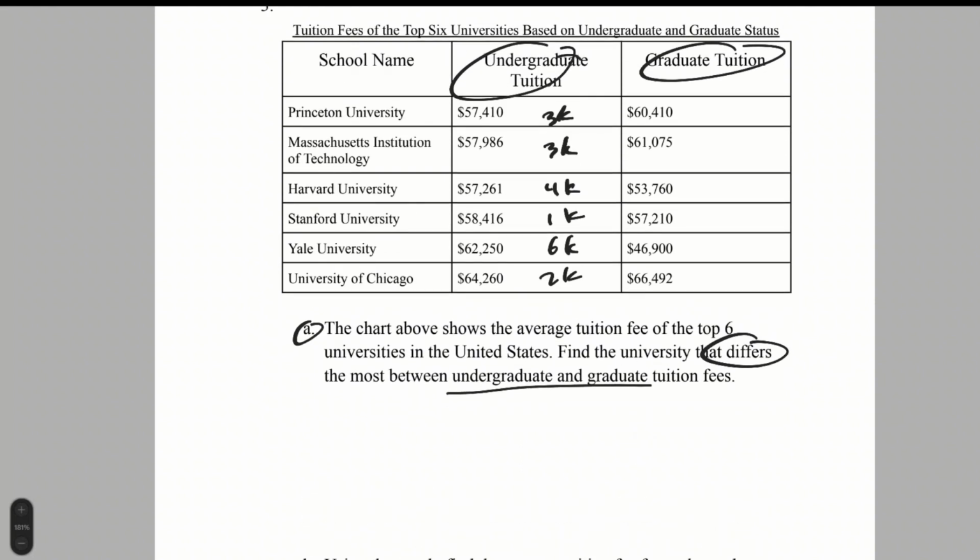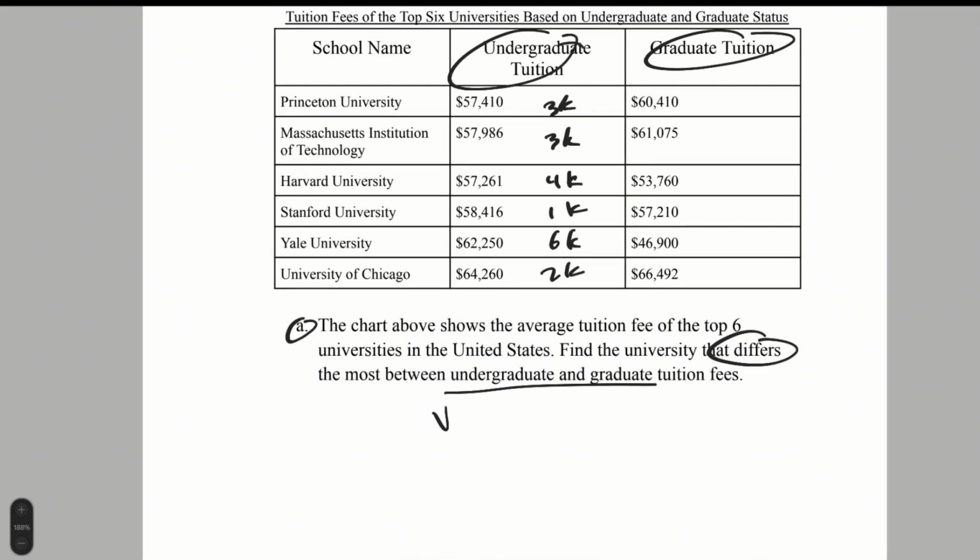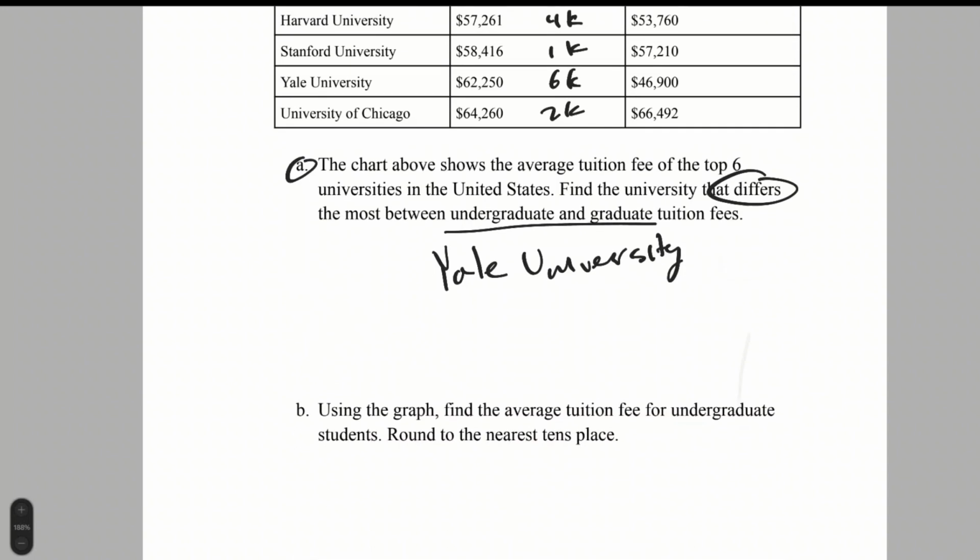So that differs the most between undergraduate and graduate tuition fees. So from the chart above, we found that 6K is the highest difference, which belongs to Yale University. So the answer to letter A will be Yale University.